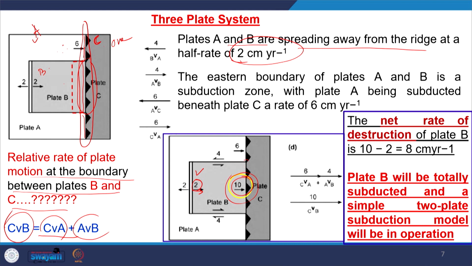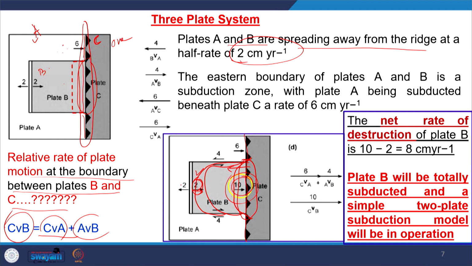So, if 8 centimeter per year is being consumed, the subduction zone between plate B and C gradually shifts towards the west. Earlier it was believed that this subduction zone is collinear with plates A, B and C, but the boundary will move in this way, at a faster rate, because the annual consumption is more than the annual formation.